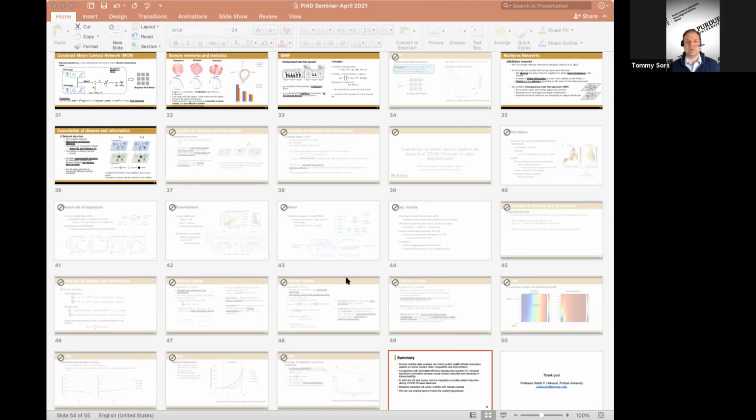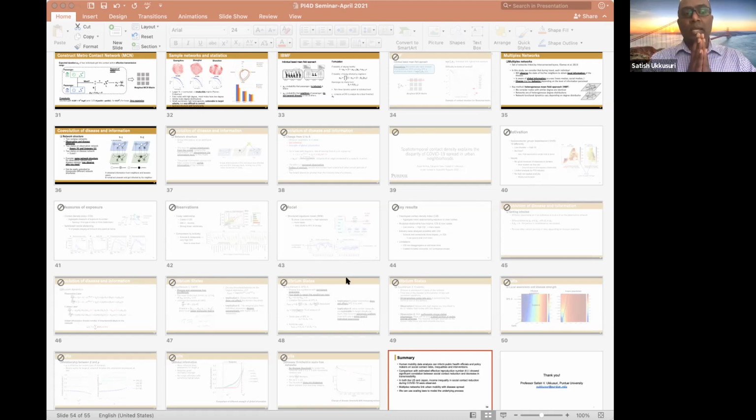But at the urban scale, the county scale, state scale, or national scale, we can understand the effect of these new variants in terms of mobility and the increasing number of infections. For example, right now in India, this week we see a huge surge in the number of cases, and partly that's attributed to the new variants from Britain, South Africa, and so on. Those types of things we can observe at the population scale.